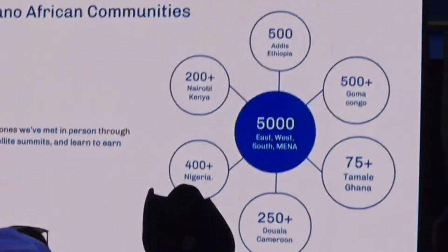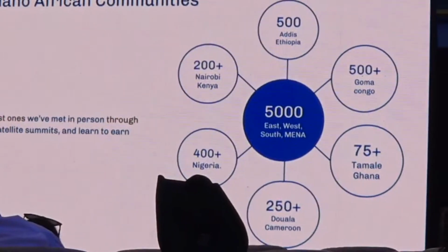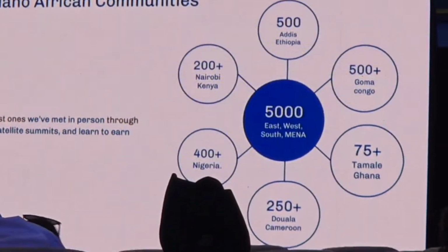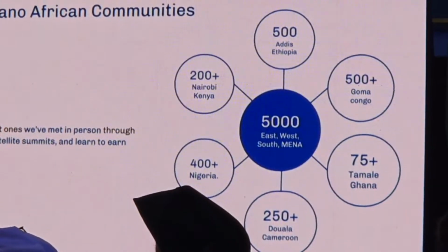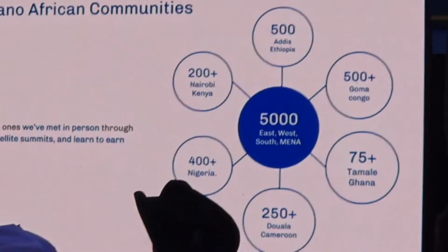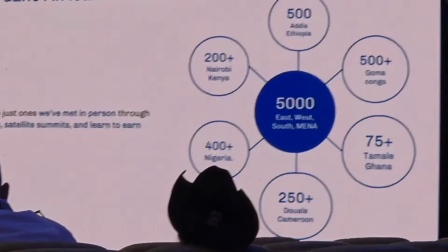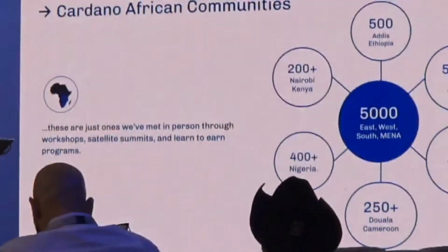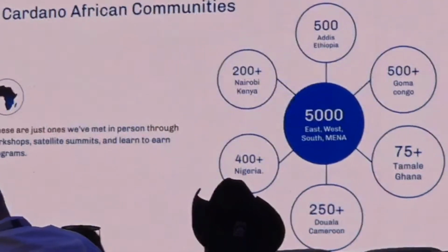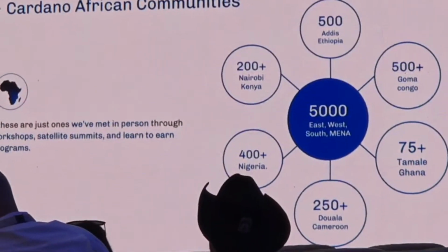Because Cardano is decentralized, it is very hard to collect on-chain data, so we have to resort to just surveys and workshops and one-on-one conversations. But here are some numbers on the screen highlighting the Cardano communities in Africa and some other numbers in general.